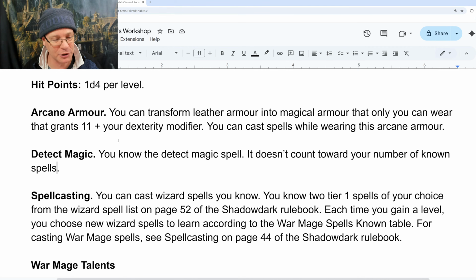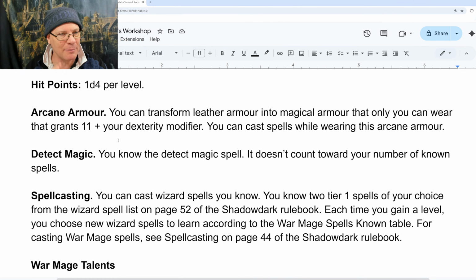Thank God there's no counterspell in Shadowdark, but it does talk about dispel magic, and I also kind of feel like it's potentially leaning into tech magic. Tactical Wit, the ability to assess tactical situations, allows you to act quickly in battle. In other words, it's allowing you to have a bonus to your initiative roll. Again, another combat feature, so we kind of have to lean away from that aspect of it.